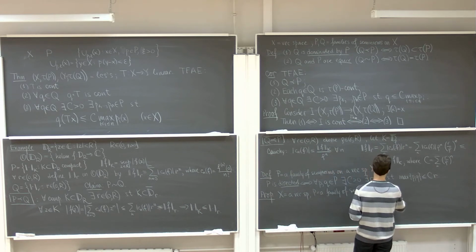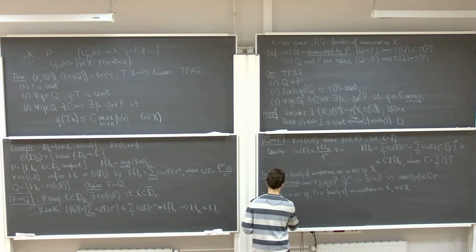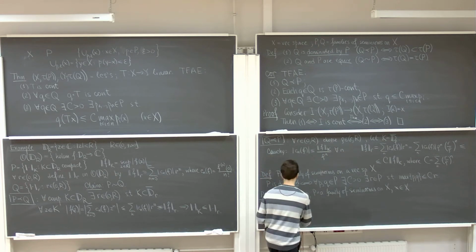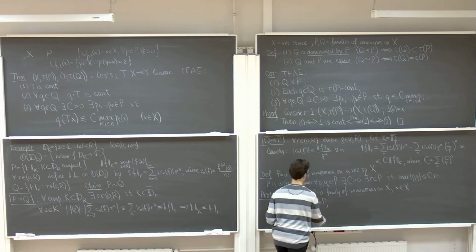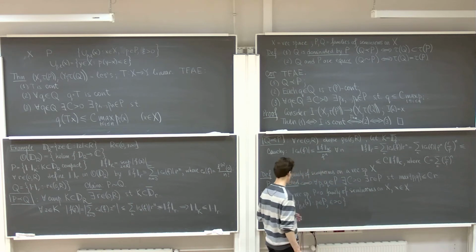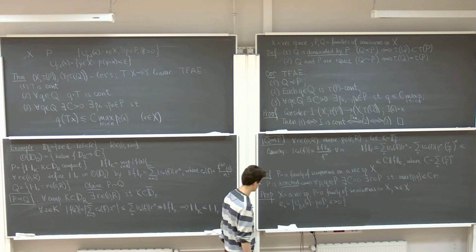And little x is a vector in our space. And let's denote by sigma x the standard subbase of neighborhoods of x, which consists of all open balls, U_{p,epsilon}(x), where p runs over our family and epsilon runs over positive numbers. So by the definition of our topology, this is a subbase of neighborhoods of x.